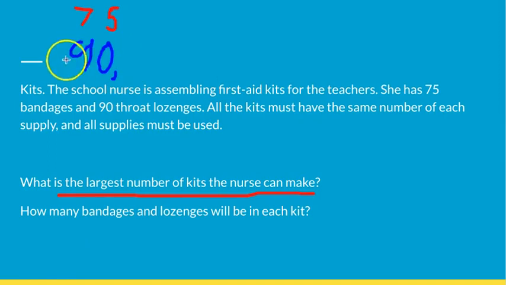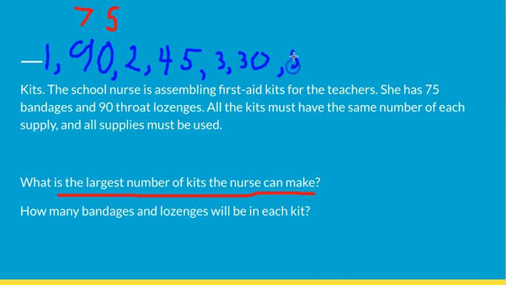Factors for 90, obviously 1 and 90, 2 and 45, 3 and 30. Let's see, what else? 5 will go into it. 18 times 5?